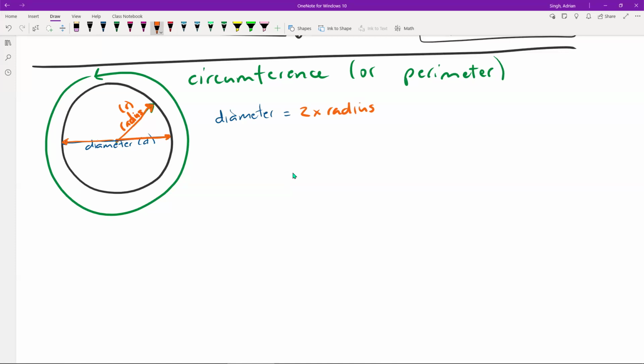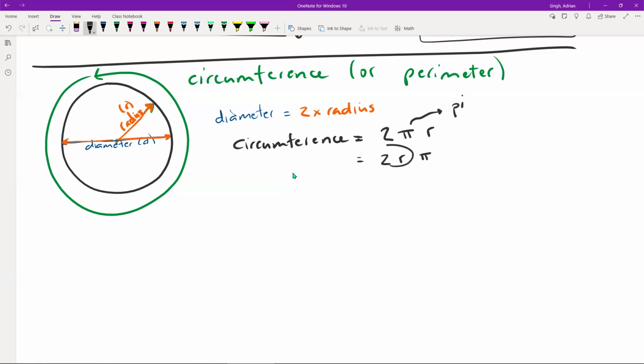So first thing I want to take a look at is how do we determine the circumference of the circle, the distance all the way around. The circumference is 2 times pi times r. Pi is a constant, and we have 2 pi r, which is the same as 2 times r times pi.